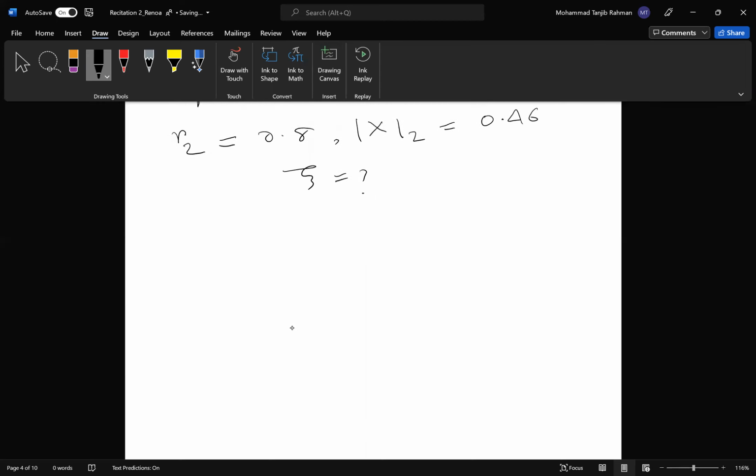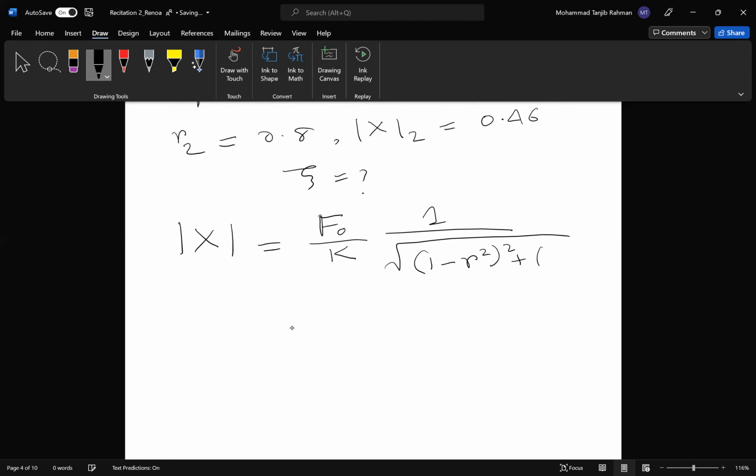So we know x is equal to f naught by k divided by root over 1 minus r squared whole square plus 2 zeta r whole square.